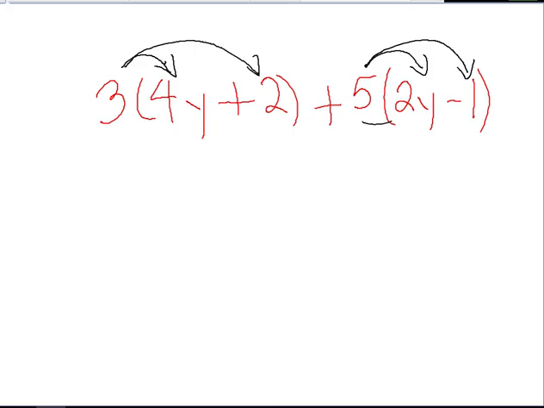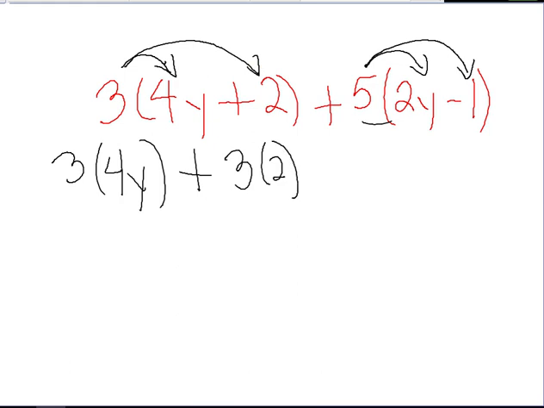I'm going to rewrite everything now. So this arrow reminds me that it's 3 times 4y plus 3 times 2, plus this arrow, 5 times 2y minus 5 times minus 1. Or I'm sorry, 5 times 1.